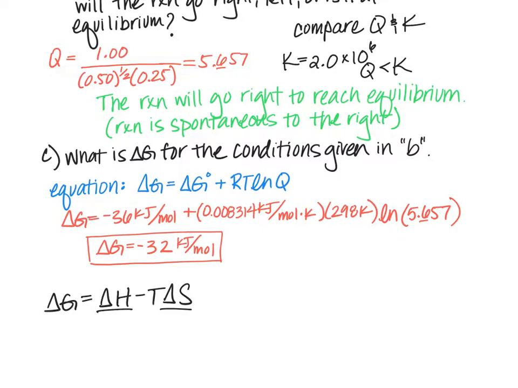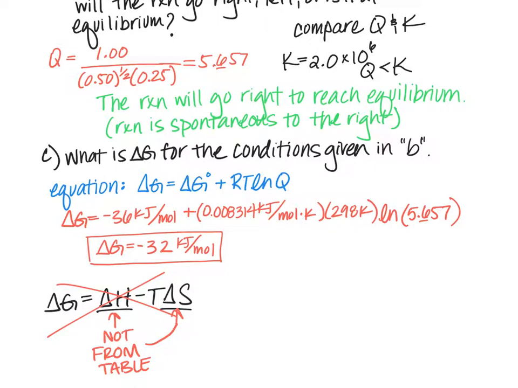You would ask yourself, do I have any values for delta H or delta S at the current conditions? You would not get these values from a thermodynamic table, because they are not at standard state. So this is not an option.